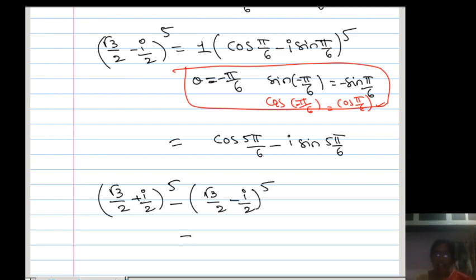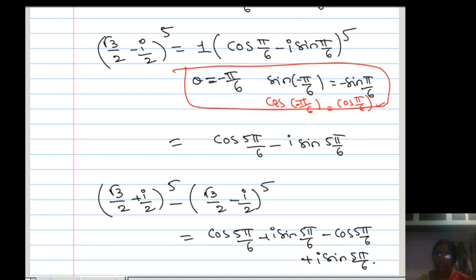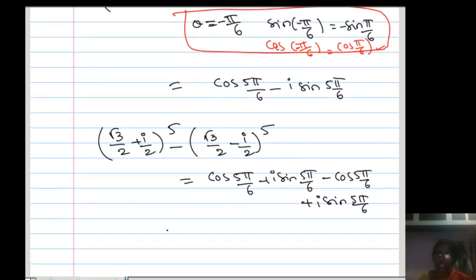Okay. So what is the RHS? Cos 5π/6 plus i sin 5π/6 minus cos 5π/6. Minus into minus, here minus is there, minus into minus is plus, plus i sin 5π/6. Okay, so then your answer is, cos cancels, 2i sin 5π/6 is your answer.